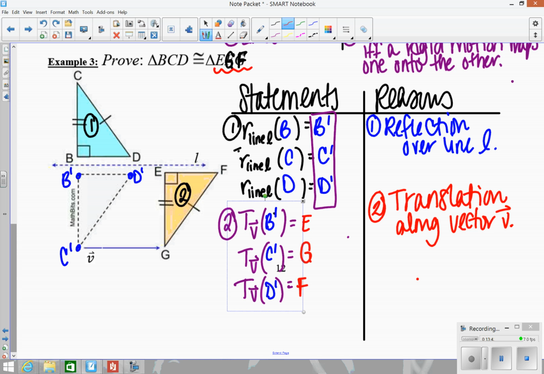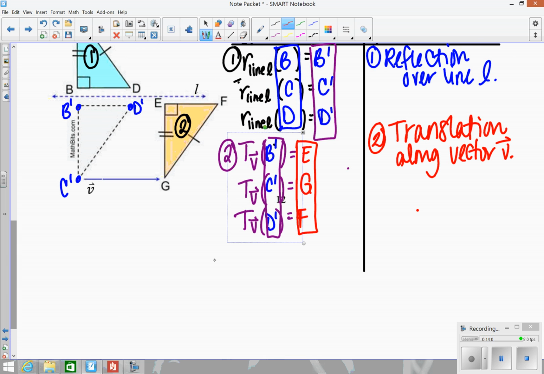So now the next step is to actually show the mapping. So what I'm going to do is I'm going to show that this triangle got mapped to this triangle, the primes here. And then I'm going to show that the primes became this triangle here. So when I go to write it, the first triangle was triangle BCD. That got mapped to triangle B prime, C prime, D prime, which then got mapped to triangle EGF.